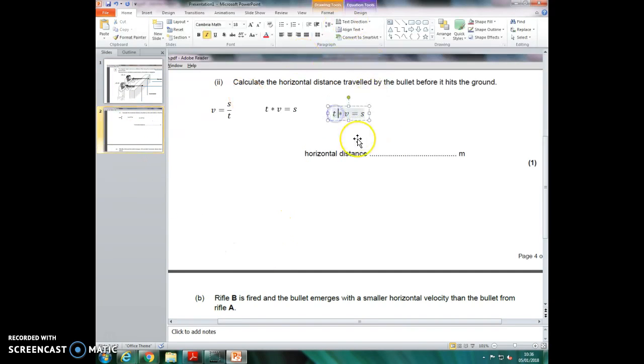Just substituting in the values, we know it's staying in the air for 0.55 seconds, and we know it's travelling at 430 meters per second. Which ends up providing you with a distance of 236.5 meters.